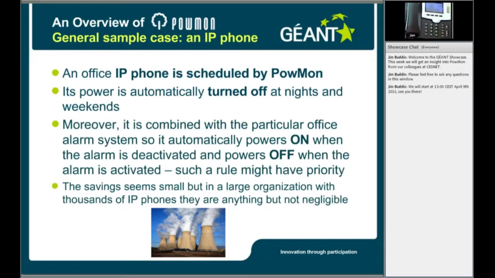It seems the savings of one IP phone are very small, but in large organizations there are many and many of them. So if you count that all together, the savings are definitely not negligible.